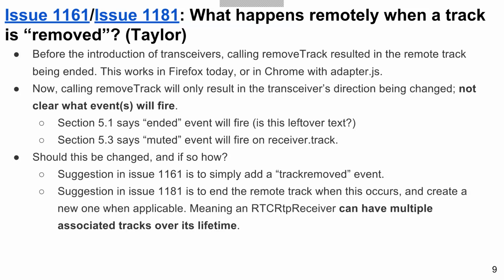But this is different than the ended event that you would get previously after a new round of signaling. So as I understand it right now, the only thing that happens if you call remove track and do a new round of signaling on the remote side is that the transceiver's direction changes. And so the question is, is this acceptable, or do we need to keep the track-based abstraction working and have some indication on the remote side when a track is removed on the other side?